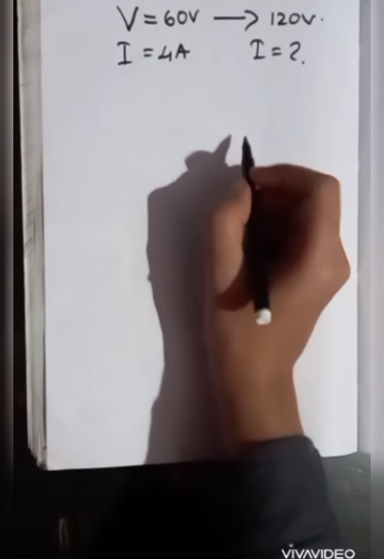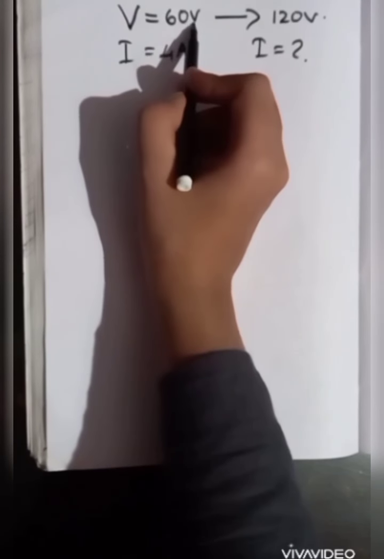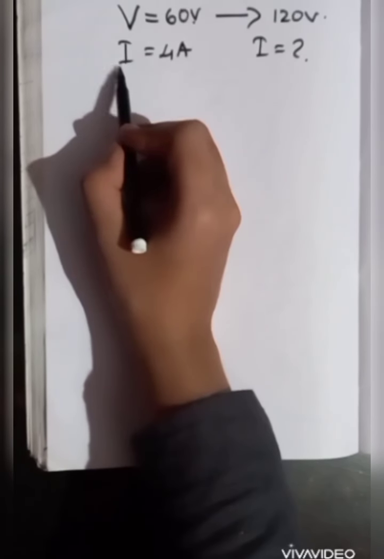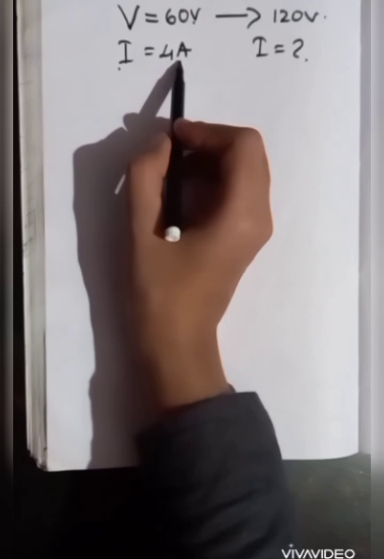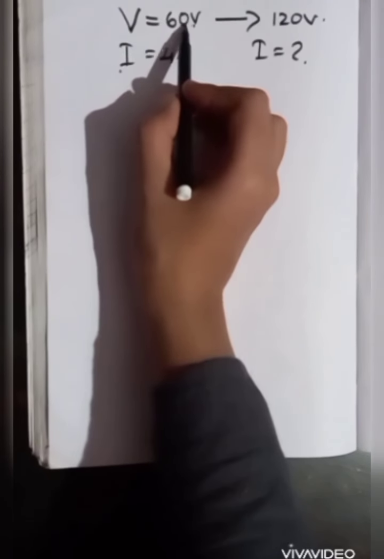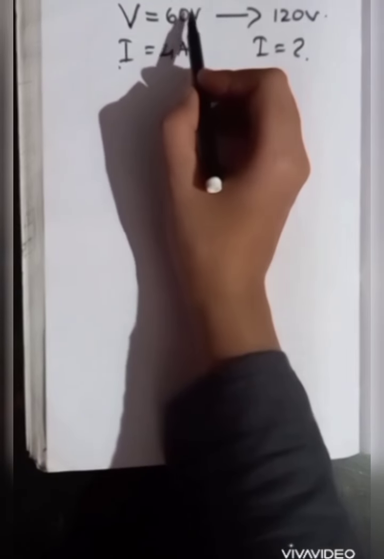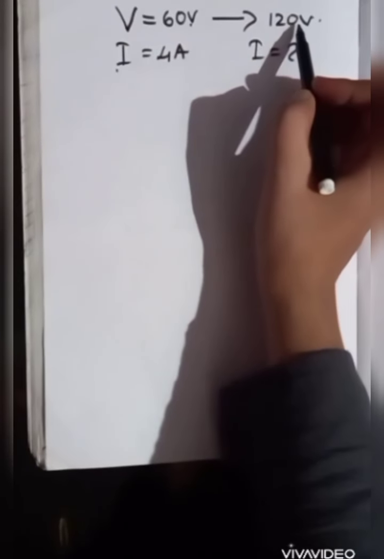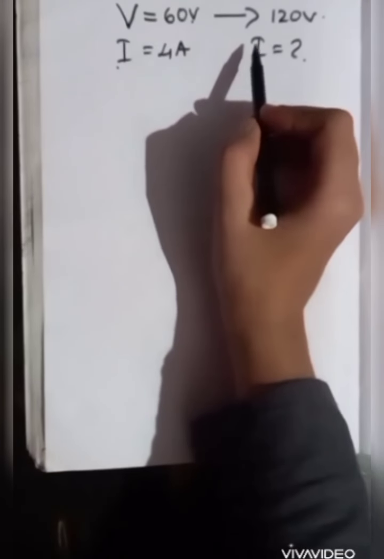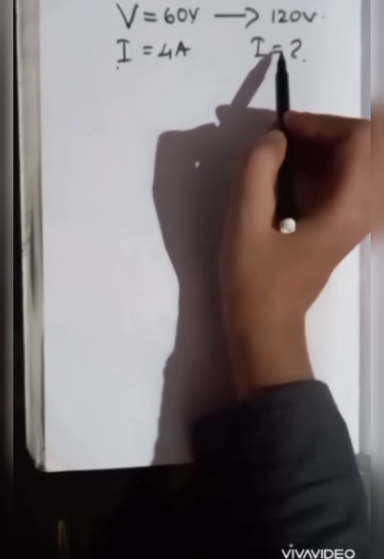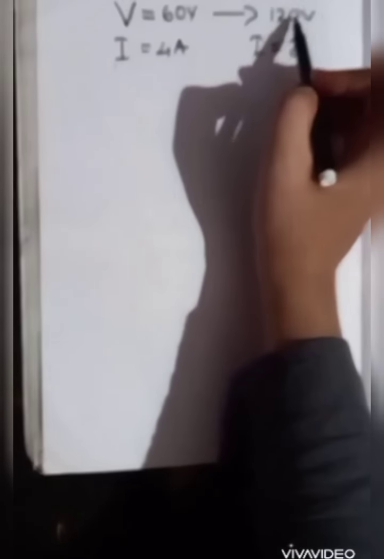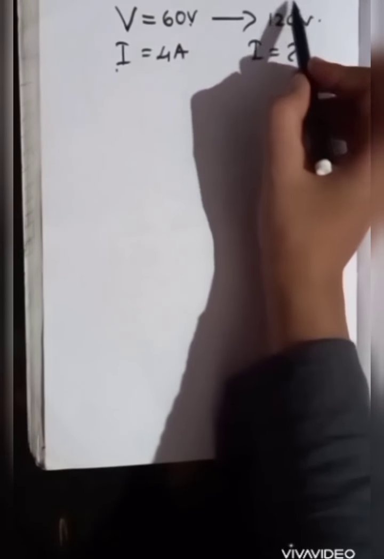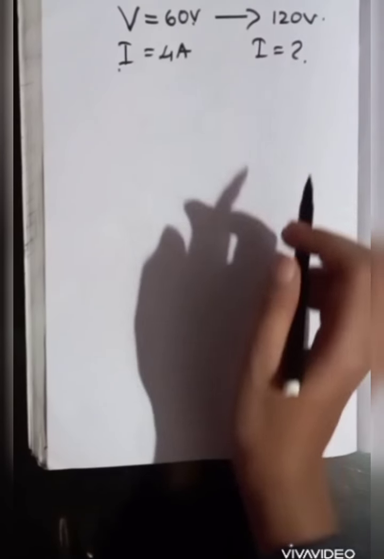Here the potential difference is 60 volt when it draws a current of 4 ampere, and this potential difference is increased to 120 volt. Then what will be the current of the heater? We have to find the current when the potential difference is increased to 120 volt.